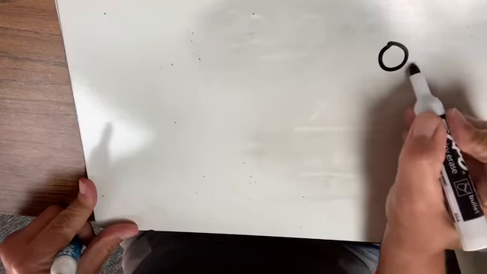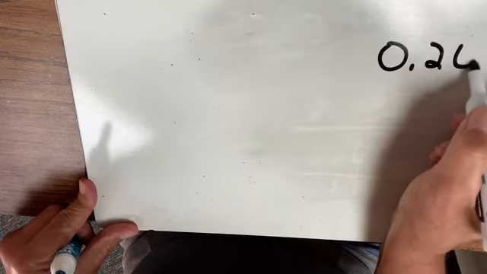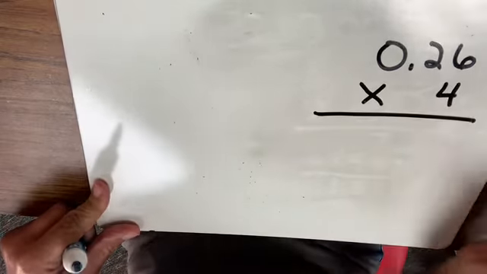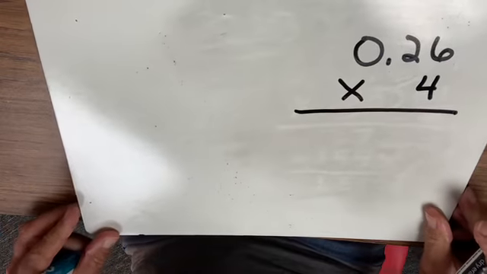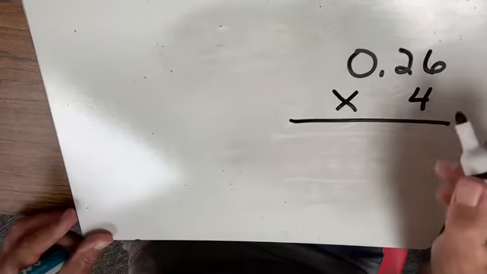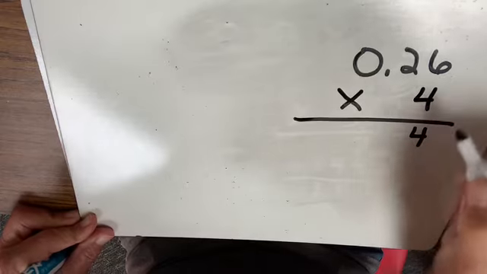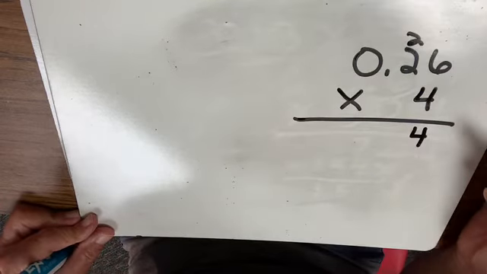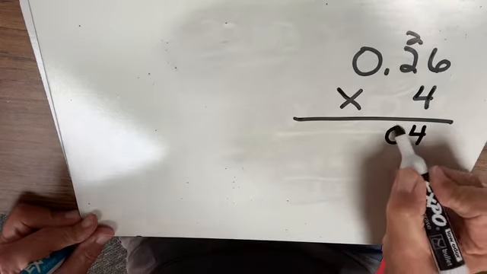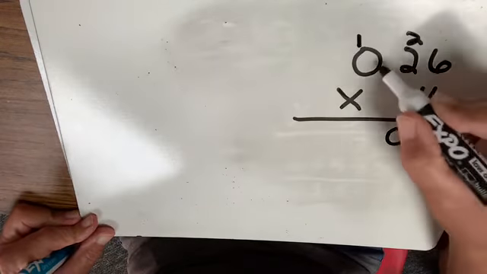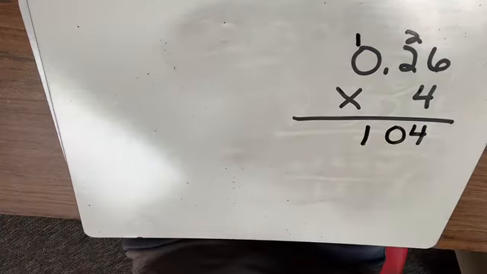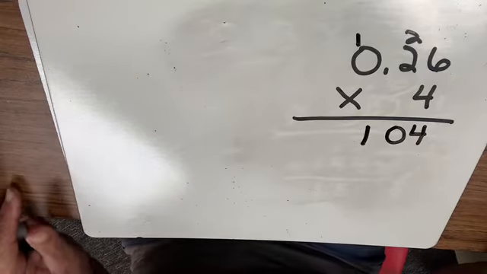Let's try another one. I'm going to do 26 hundredths times 4. Again, plain old normal multiplication. 4 times 6 is 24. 4 times 2 is 8, plus 2 gives me 10. Carry my 1. 4 times 0 is 0, plus 1 is 1. Now I have to figure out where my decimal goes.